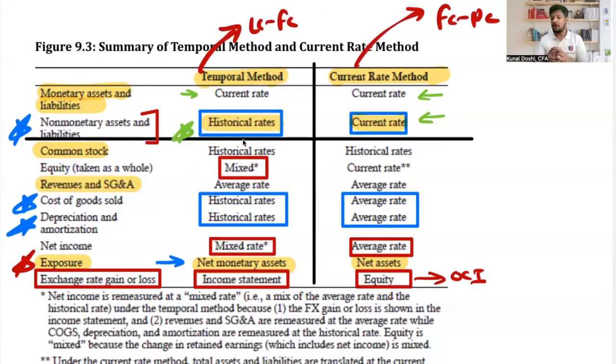But what about the monetary assets and liabilities? Generally, companies have short-term debt, so they have more monetary liabilities. So they generally have net monetary liabilities. When you have net monetary liabilities, both the methods actually have the same impact. Both the methods use the current rate for monetary assets and liabilities. So the issue is with respect to non-monetary assets and liabilities. Clear? Everyone?